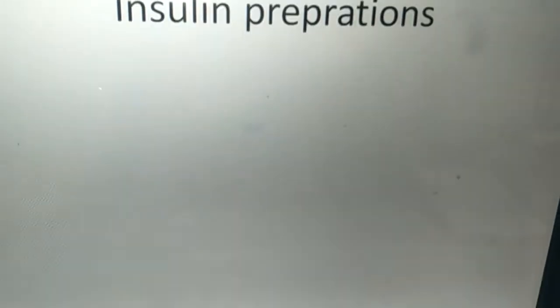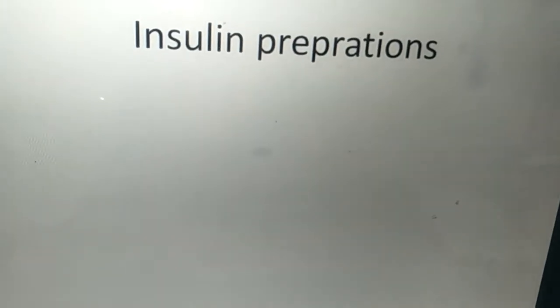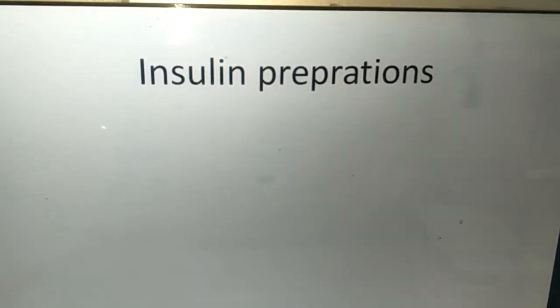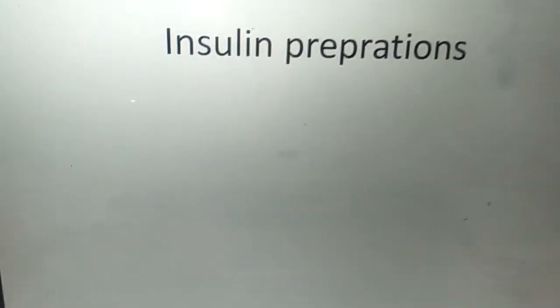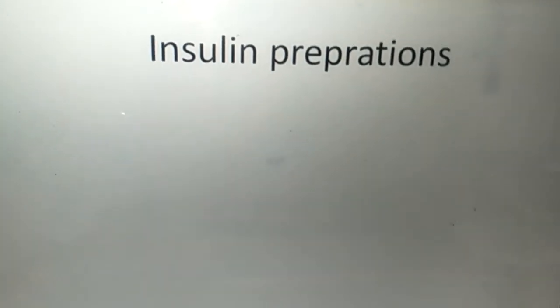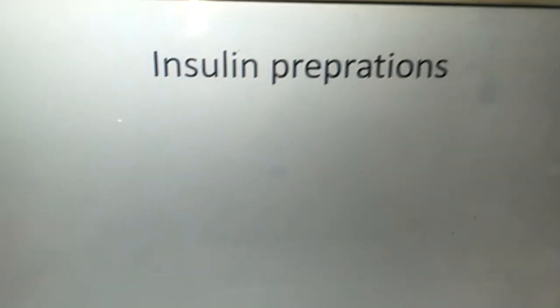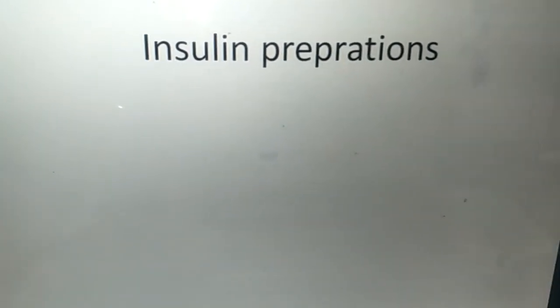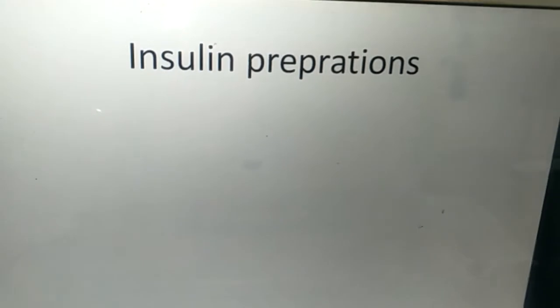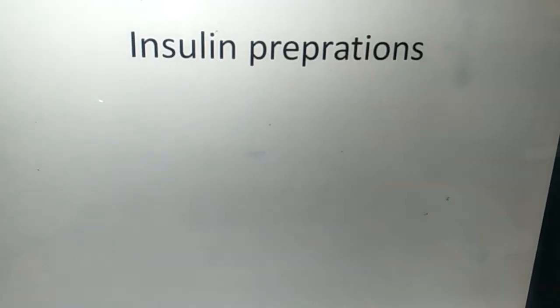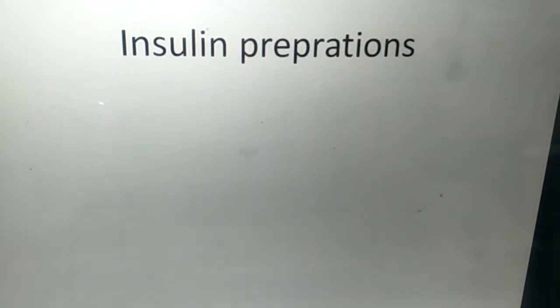So what are the various preparations, from where do we get those preparations, what is their duration of action? That is the pharmacology part, and this question is very important for your examinations and for the clinical purposes also, because diabetes is a very common condition. Now what are various insulin preparations and what are various insulin analogs?